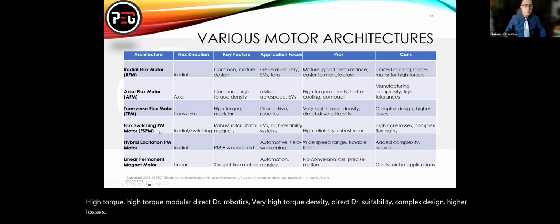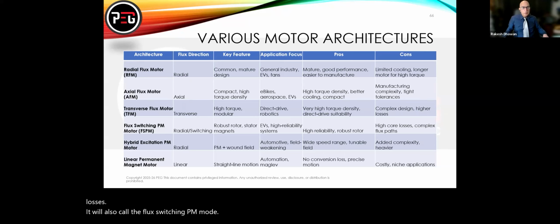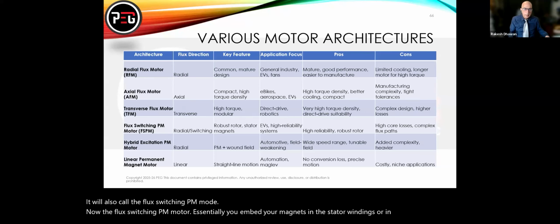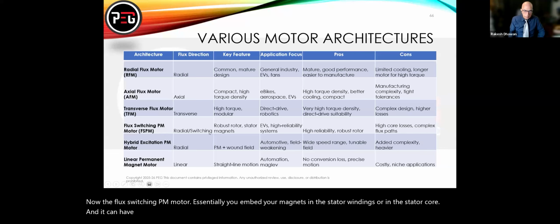It is also called the flux switching PM motor. Now, the flux switching PM motor, essentially you embed your magnets in the stator winding, so in the stator core, and it can have interesting magnetic circuits to wrestle with. So the flux direction is radial. Key feature is robust rotor, stator magnets.